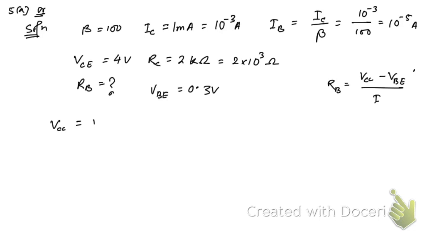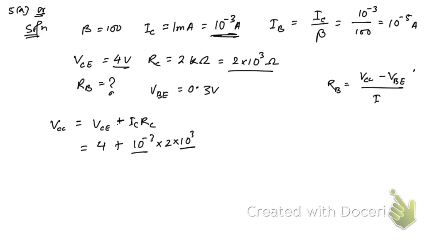Remember this relation: VCC is equal to VCE plus IC into RC. VCE is 4 volt plus IC, which is 10 to the power minus 3, into RC, which is 2 into 10 to the power 3. So 10 to the power 3 minus 3 is 10 to the power 0, which is 1. So we have 4 plus 2, that's 6 volt. So VCC is 6 volt.